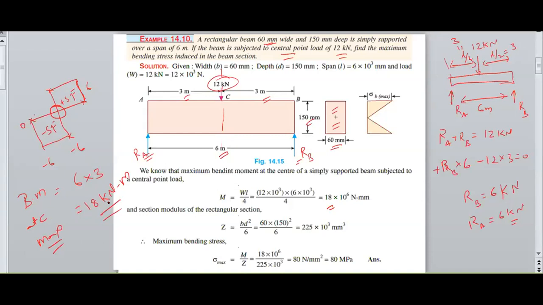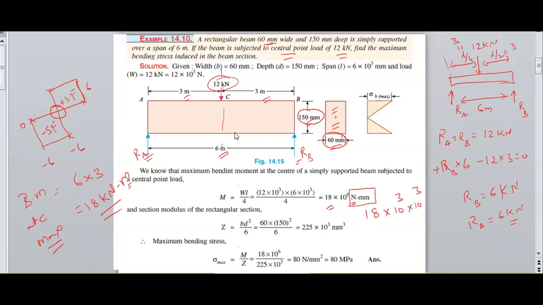Now I am converting this kilo, therefore 18 into 10 to the power of 3. Now it is in newtons. Now I am converting the meters also into mm because the cross section is in mm. Therefore again 10 to the power of 3. So the units are Newton mm instead of Newton meter. Therefore I am getting 18 into 10 to the power of 6 as the maximum bending moment.